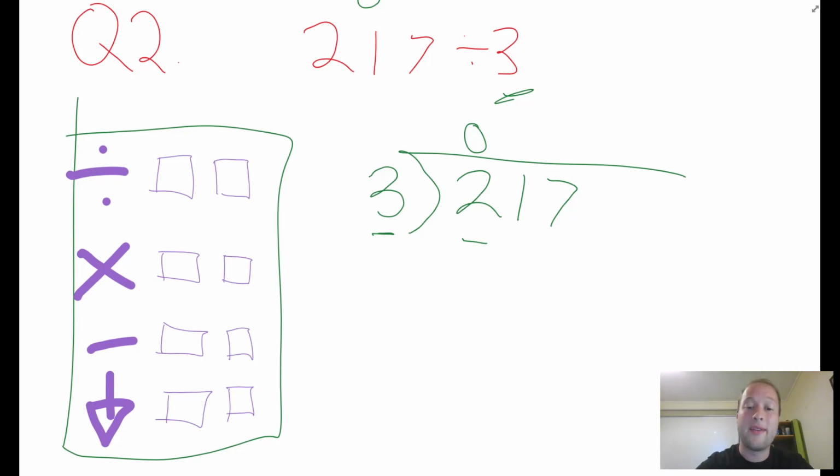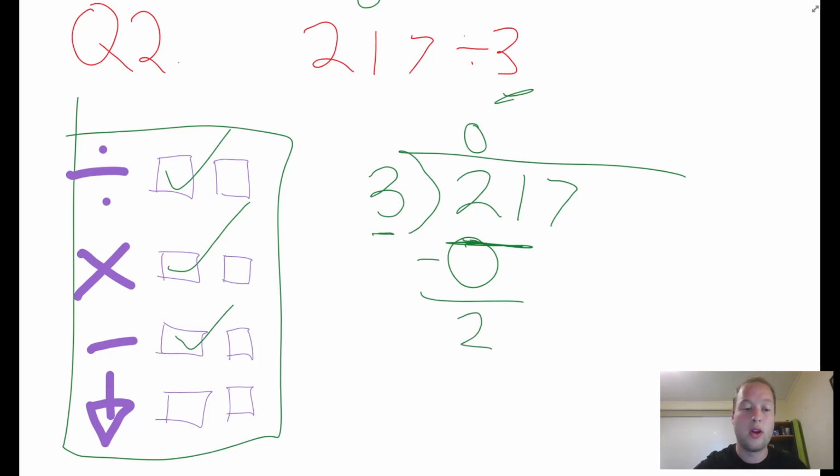So one step we could do is jump straight to, well, I've got 2 and 1, so I want to go 21 divided by 3. That's often what we'll do, but the reason why we're doing that is because, look, what I'll show you. If I did 2 divided by 3, the answer is 0, and then I do 3 times 0 is 0, and then I've got subtract, so 2 take away 0 is 2, and then I've got the drop down, so bring this one, and it's 21.